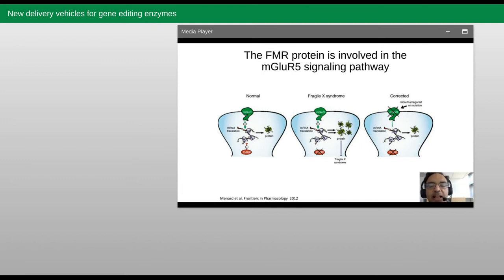So in normal cells, the FMR1 protein is a negative inhibitor of mGluR5 signaling because it prevents the proteins that would normally be produced from mGluR5 signaling from actually getting translated. The FMR1 protein represents the brakes on mGluR5 signaling.